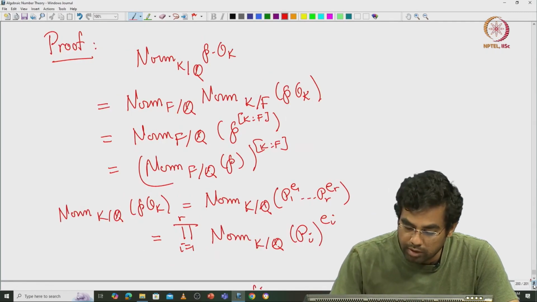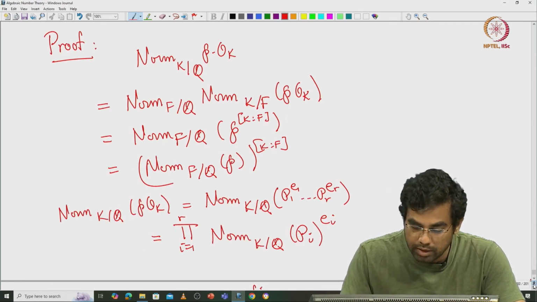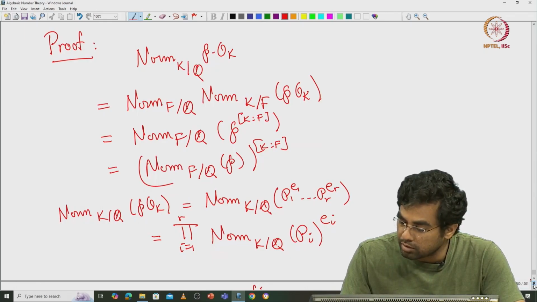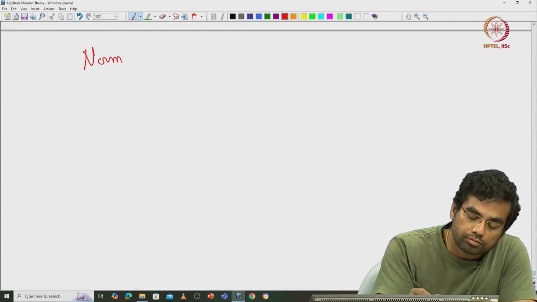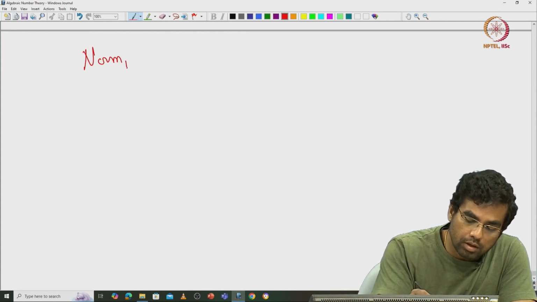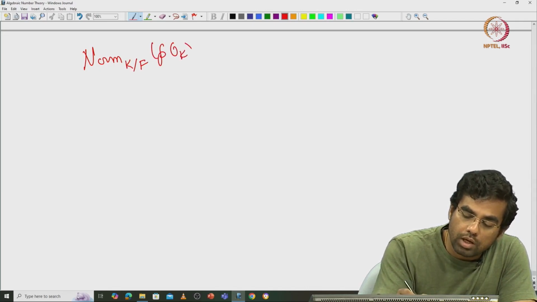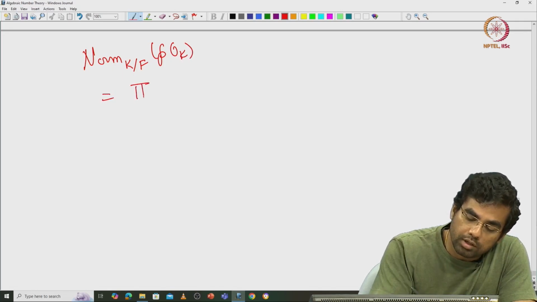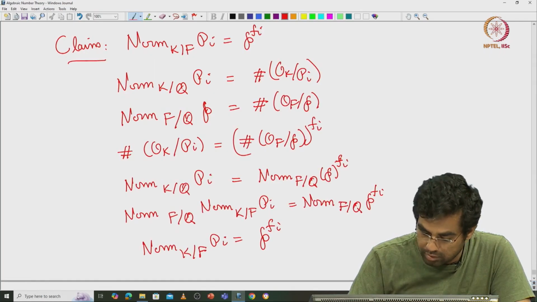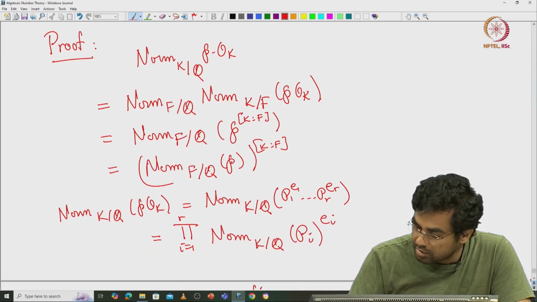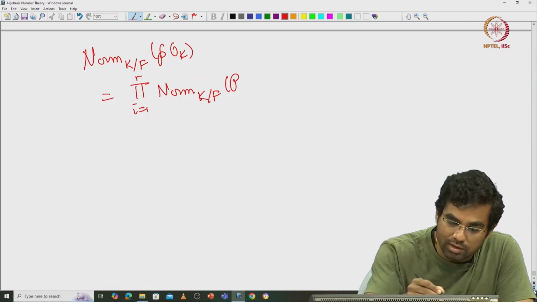Now, going back to our equation here, I will rewrite this on the next slide. So, the norm from K to F of p, this is the same as the product, i going from 1 to r, of the norm from K to F of... sorry, I am getting my K's and F's and Q's confused.